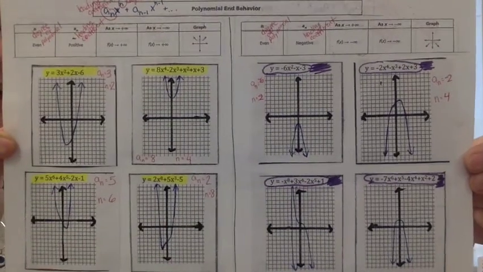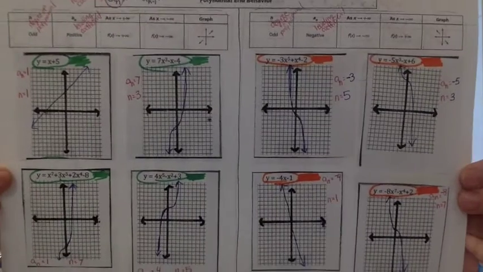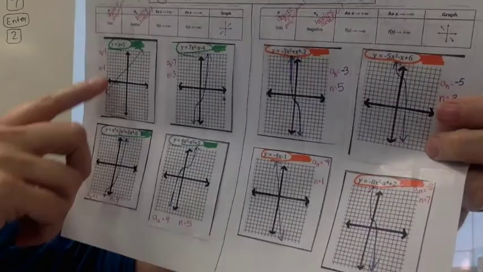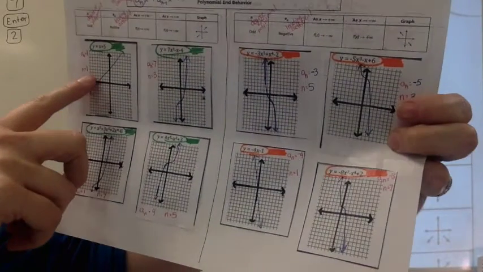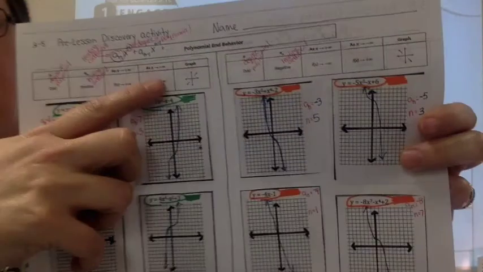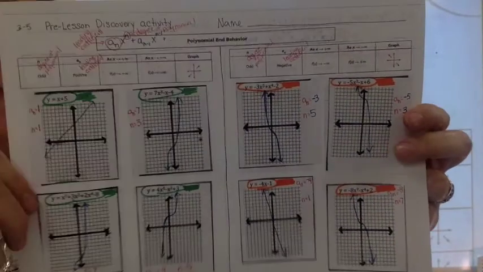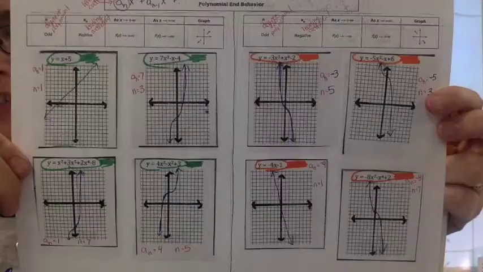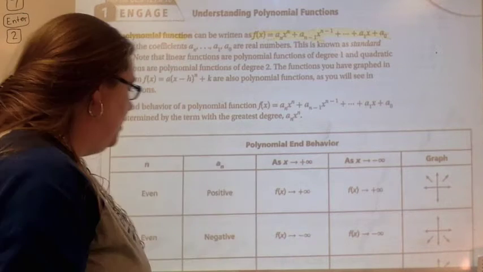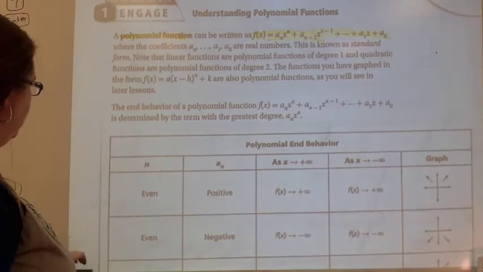Let me flip it over and show you the other side. There's that side of the key. And hopefully you recognized that when the degree of the polynomial is odd and the leading coefficient is positive, it behaves a certain way, and so on and so forth. And we're going to work with that in this lesson today. So if you didn't get that, you still need those, then go ahead and pause or rewind it, and you can look at that a little bit further.